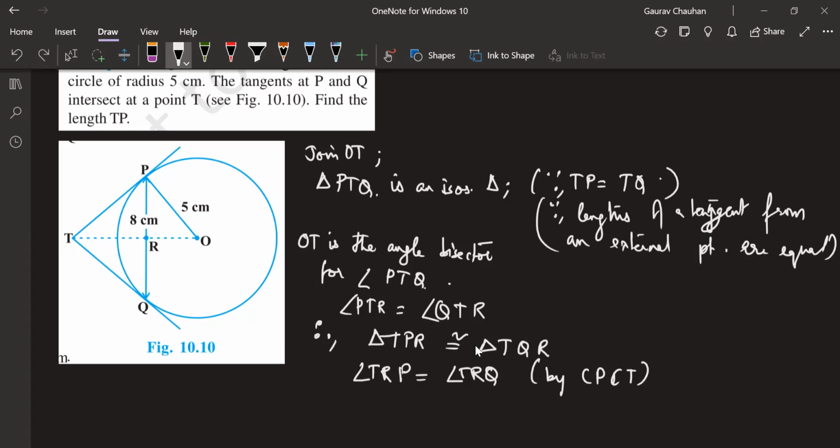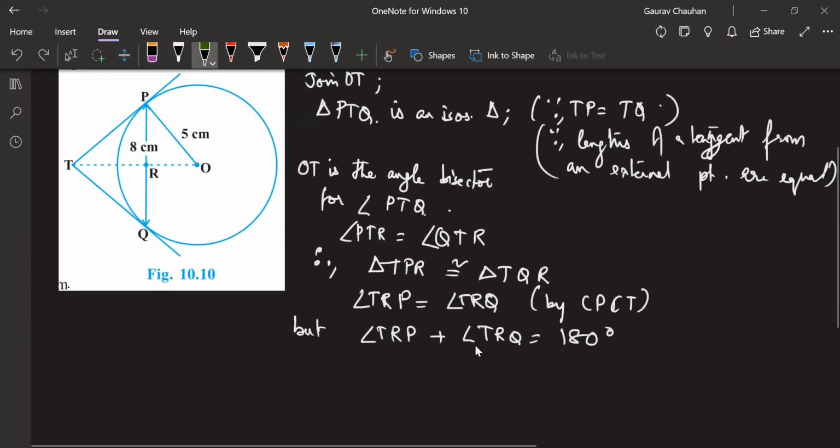But angle TRP plus angle TRQ is equal to 180 degrees, because these are also angles on this chord, and this chord is a line segment. The sum of those two angles has to be 180 degrees. Essentially, we get angle TRP is equal to 90 degrees.